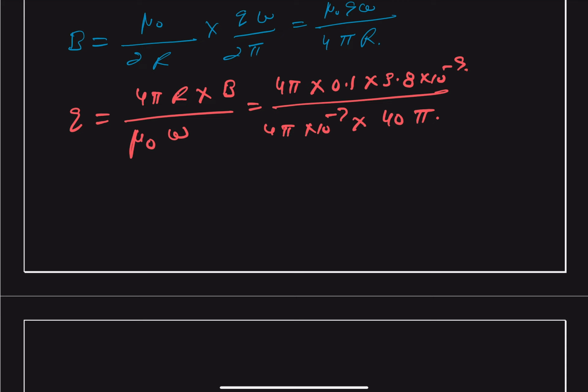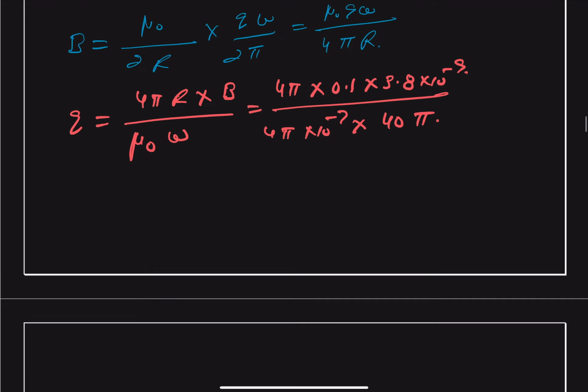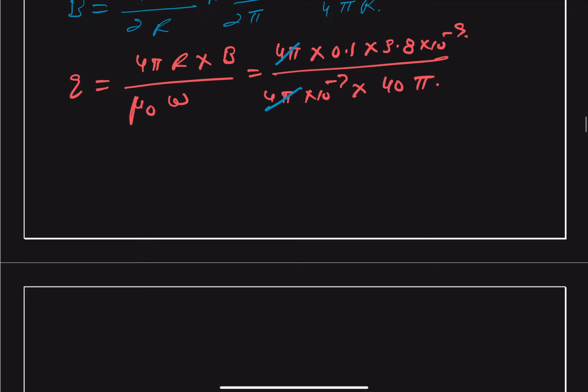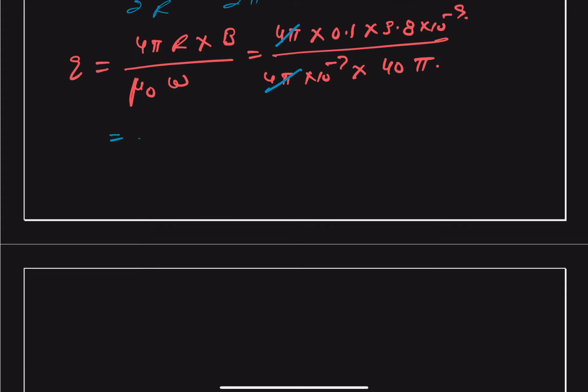Therefore this 4 pi and 4 pi go away, and we are left with 0.1, 3.8 into 10 to the power minus 9, and 10 to the power minus 7 into 40 pi.